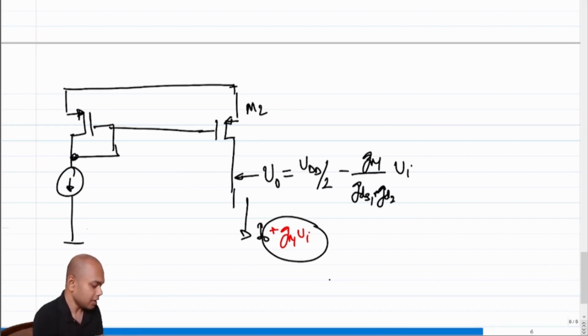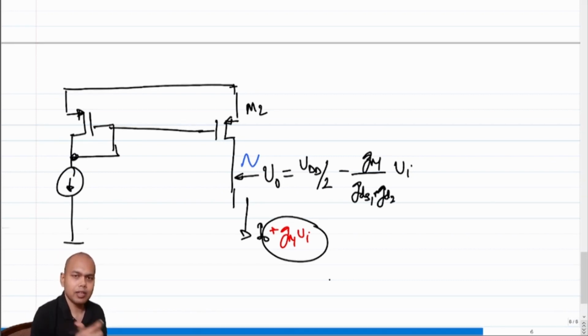When the drain voltage of an NMOS or a PMOS transistor swings, the drain current also changes by a slight amount because of channel length modulation. When we say the incremental current is going into an incremental resistance, we are essentially saying that there will be a slight change in the drain current.